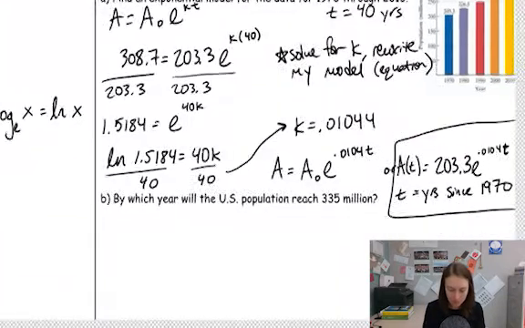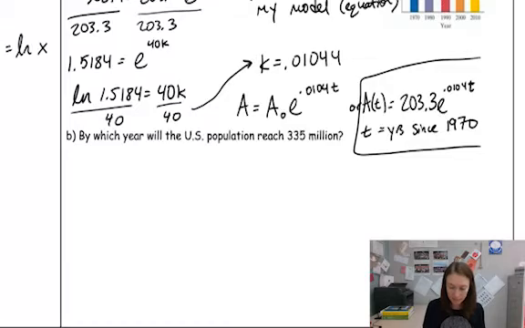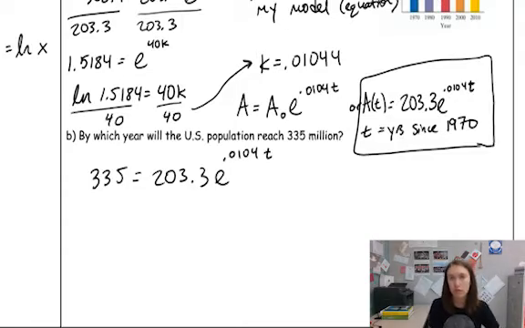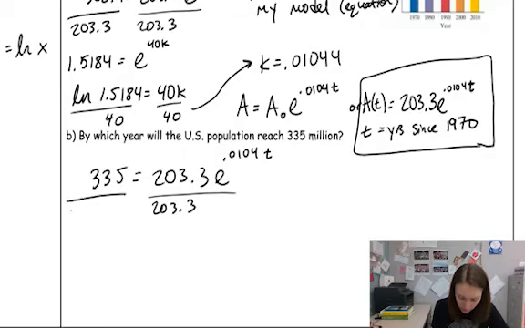Now, using this model that we came up with, which year will the US population reach 335 million? So now I can use this to figure this out. 335 equals 203.3 e to the 0.0104t, and then solve for t. The steps are going to be identical to what we did last time.